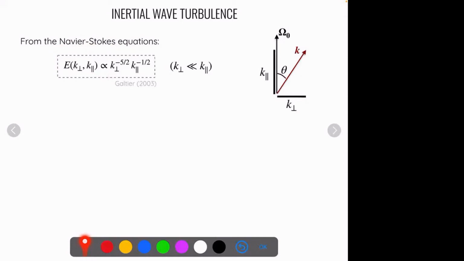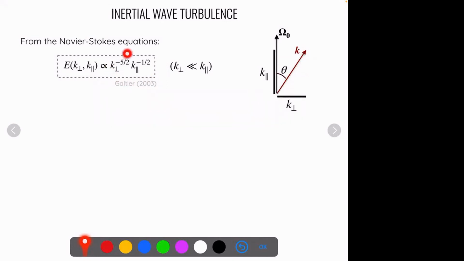And this has been done in the case of inertial waves by Sébastien Galtier in 2003. And it is quite anisotropic because the spatial repartition of energy through scales depends on both the perpendicular and parallel component of the wave vector, with different exponents.